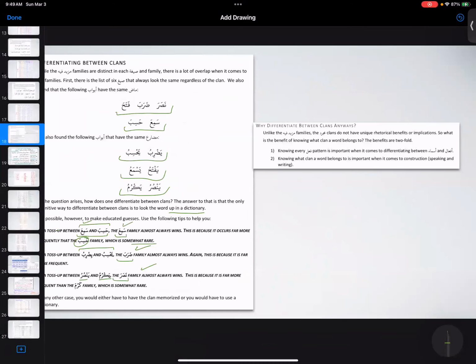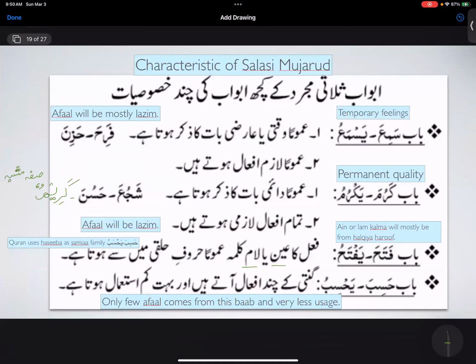Now the characteristics of Thulathi Mujarrad. Bab Samia Yasmau, this is beautiful.